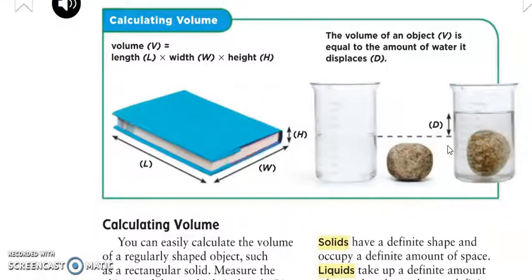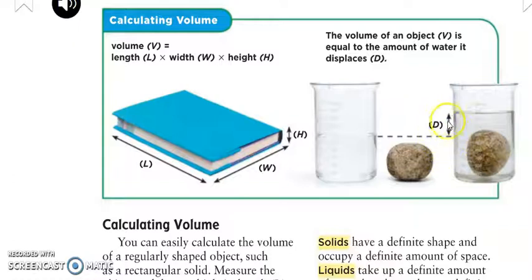like the volume of liquid. We know from the previous section that 1 milliliter of liquid is equal to 1 centimeter cubed. That means the volume of this solid is the same number here but in centimeter cubed.